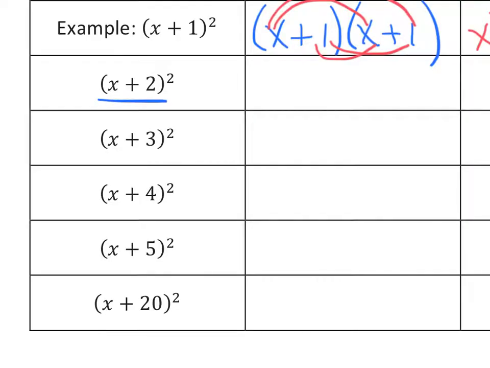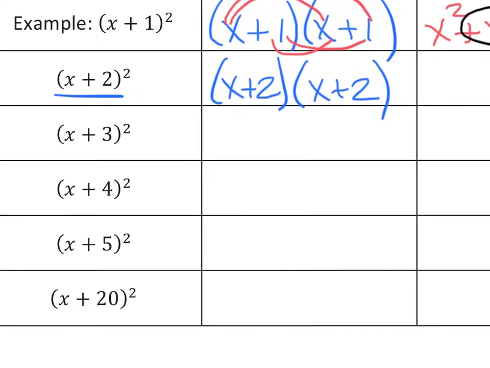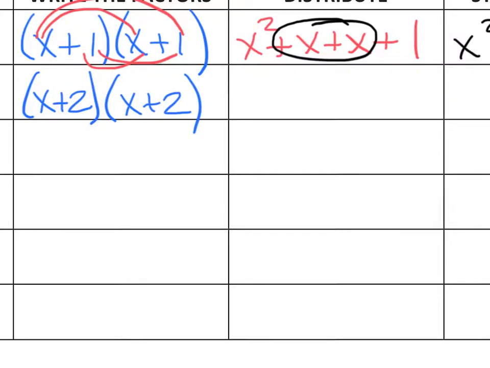For the quantity squared of x plus 2, what do I write first? x plus 2, and then x plus 2. When I multiply it out, what do I come up with? x times x, x squared, x times 2, plus 2x, 2 times x.